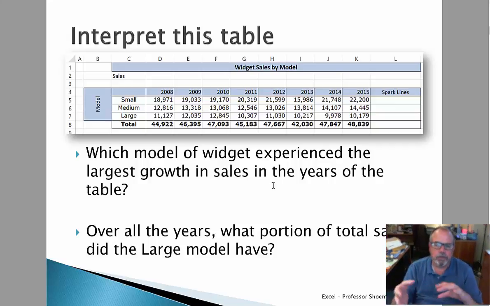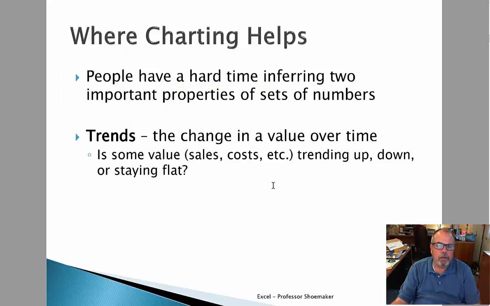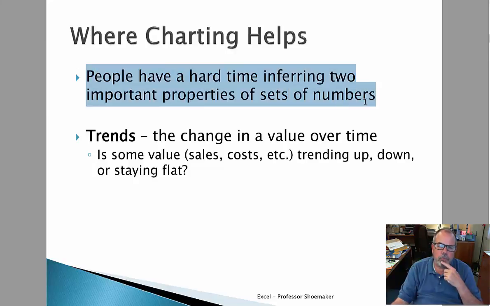But we can make a chart that allows you to answer those kinds of questions at a glance. So this is a very important concept I want you to get, which is where charting helps. In other words, when you're looking at kinds of data, when should you think, oh, I need to make a chart for this? The fact is, people have a hard time inferring two important properties of sets of numbers or lists of numbers.